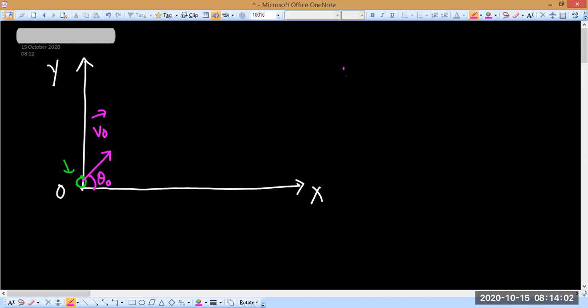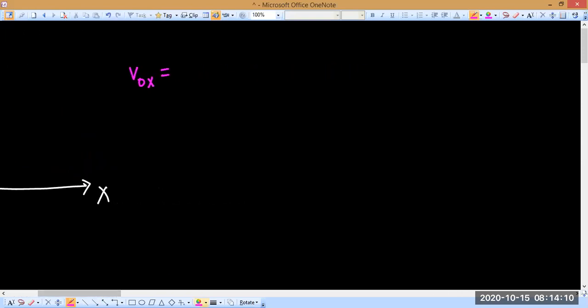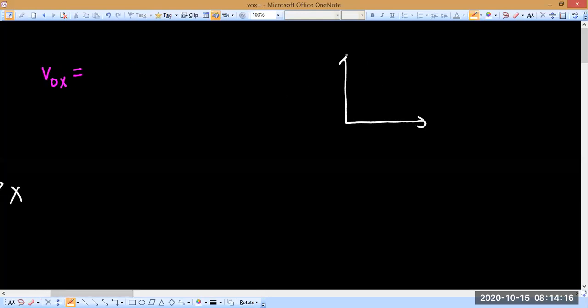Okay, so based on that, I can make two components. Now, making components is like the livelihood of physics students. If you have got a vector, components are extremely important. This is that v0 vector, right? And here is the angle theta 0. I want to make its components.